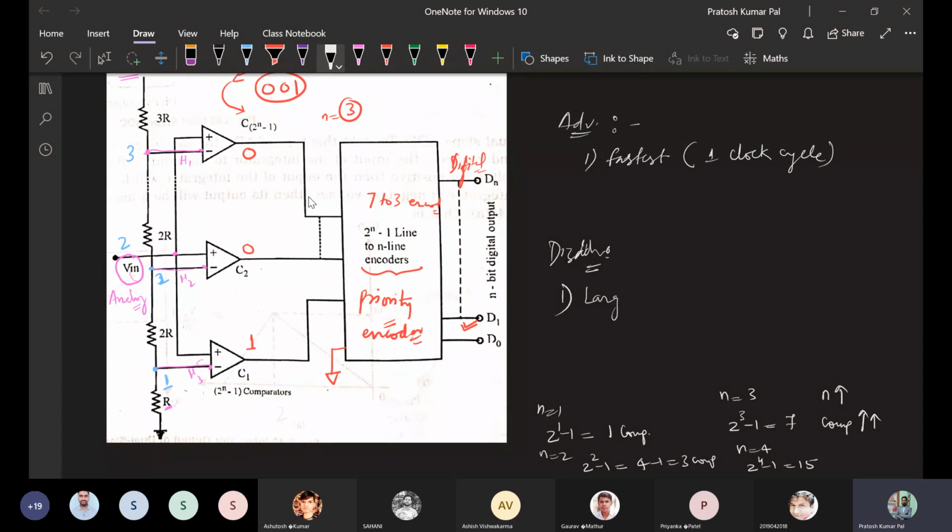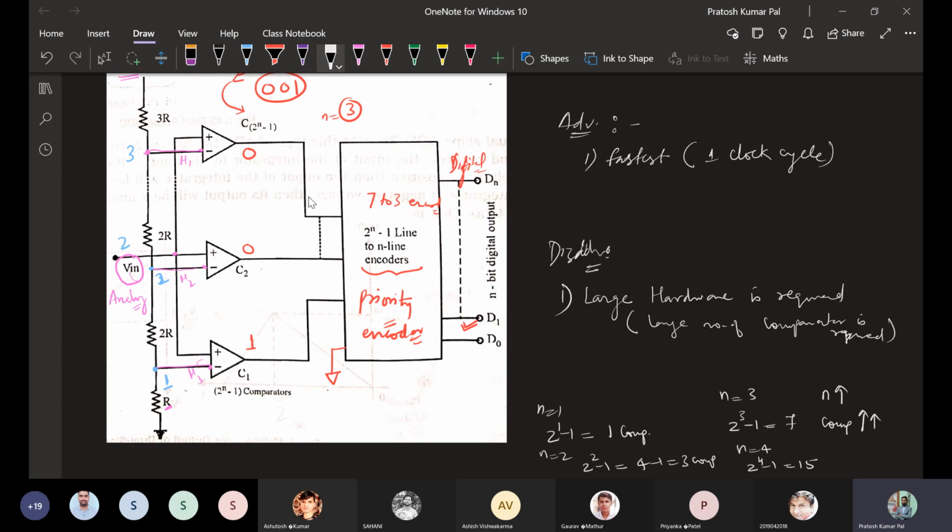So you can call the disadvantage that large hardware is required, or that a large number of comparators are required in case of flash ADC.